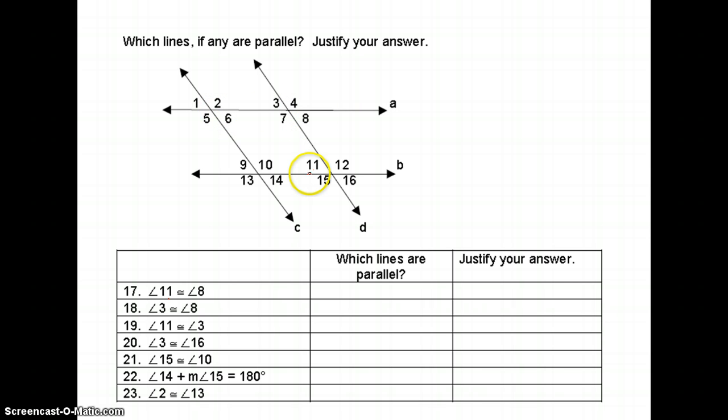So 11 and 8 are congruent. Line A would be parallel to line B. You might want to do it this way first. 8 and 11 congruent, yes, because they are alternate interior angles. The lines would be the two lines, which are A parallel to B.